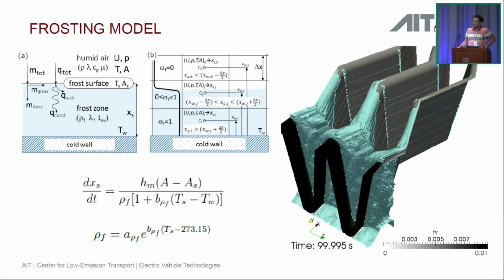the density of the frost. You typically find expressions like this, which are purely empirical, but you can imagine that, of course, with the coefficients, you can influence the results strongly. And my question was, and I haven't found anything in the literature, how do you measure the density of the frost?